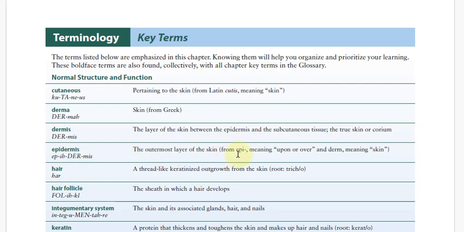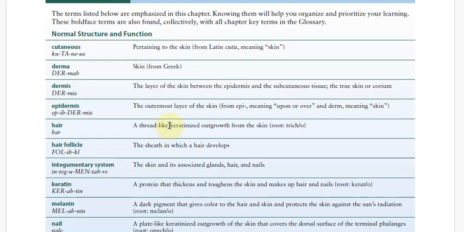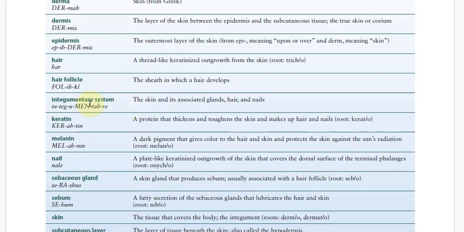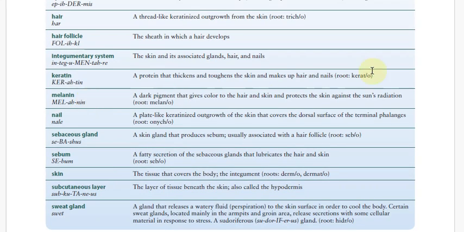I've already talked about this. Epi means upon or over, and derm means skin. Now, please study the rest of this section, work on the different rows, work on the different technical terms, and also check the pronunciation if you're not sure about it.